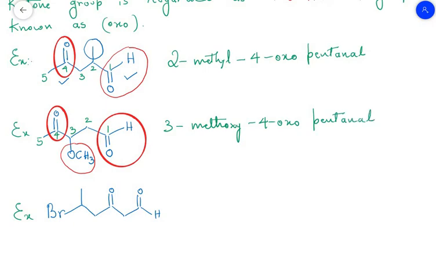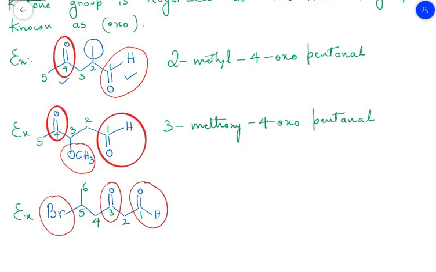In the next example, students, at the terminal we are having an aldehydic functional group which is regarded as the principal functional group. Here we are having our ketonic group which is called a substituent, and we are having one more substituent called what? Bromine atom. Alphabetically it is B, so it should be written first. Now let us write the numbers: 1, 2, 3, 4, 5, and here is our 6th carbon atom.